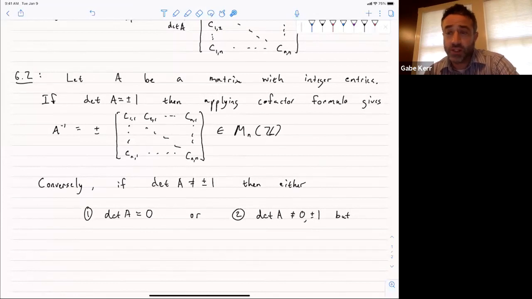It will be an integer, and we used that here when we said that these cofactors all had to be integers, because they're determinants of integer matrices, they're minors of a particular matrix, so they have to be integers.